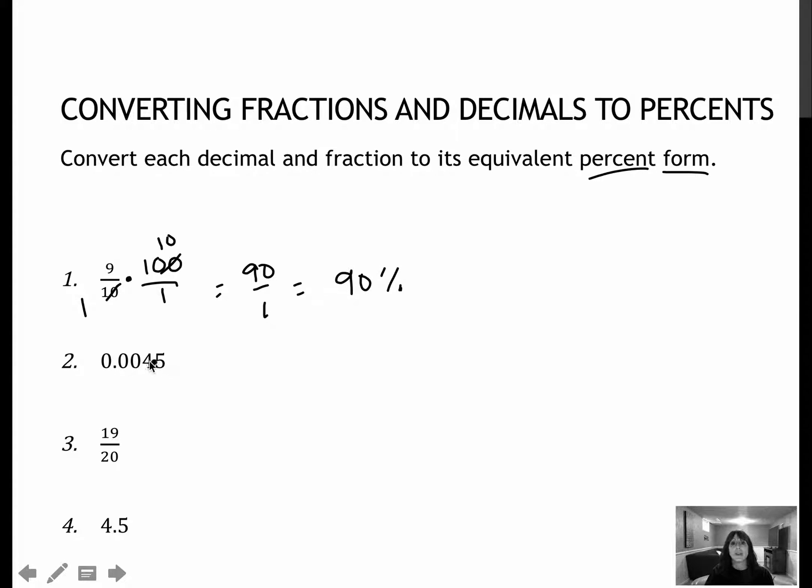0.0045, or 45 ten-thousandths. Again, I'm multiplying this by 100. No matter what, I'm multiplying by 100. Multiplying by 100 simply moves my decimal 2 places to the right.